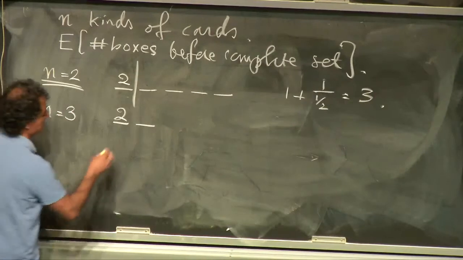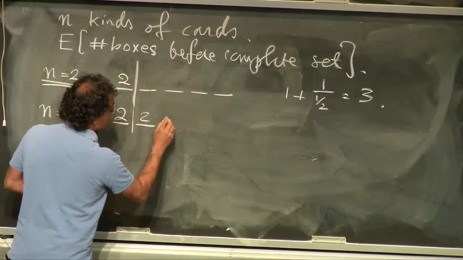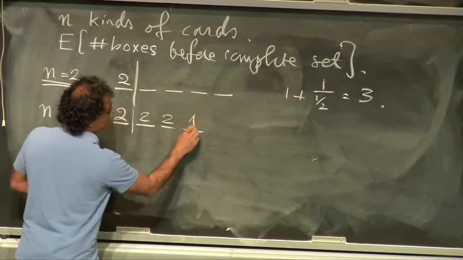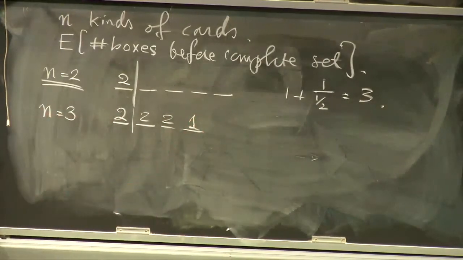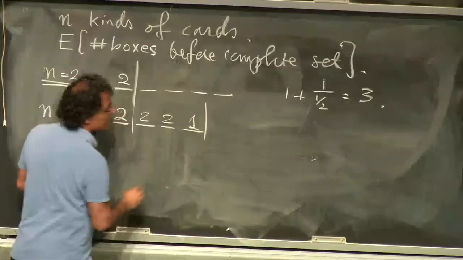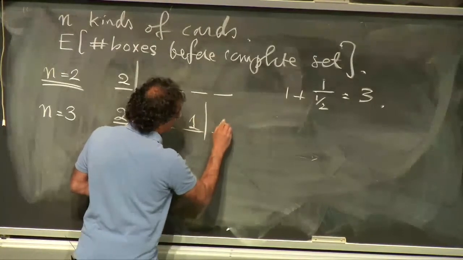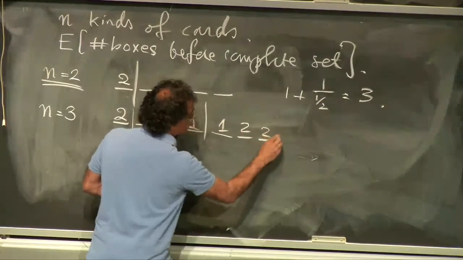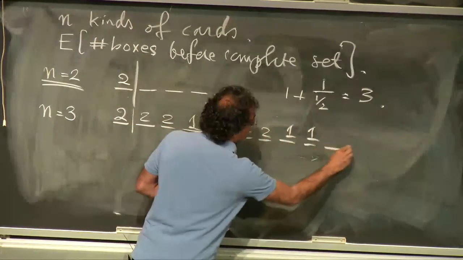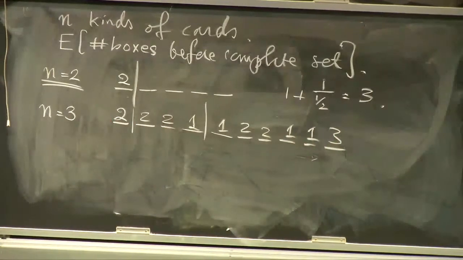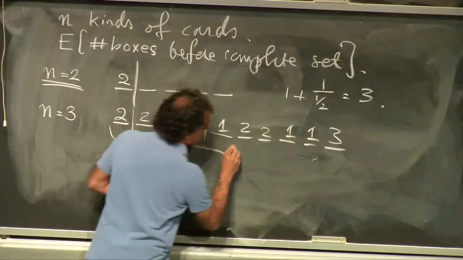So maybe after this you got 2, 1. Now you saw 2 different types, and you're waiting for type 3, and maybe you got again a 1, 2, 2, 1, 1, 3. At this point you're done, right? So how can we figure out what the expected time is?